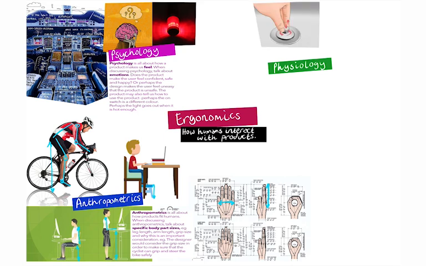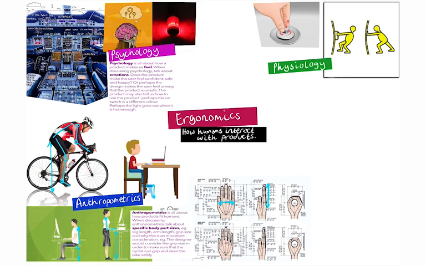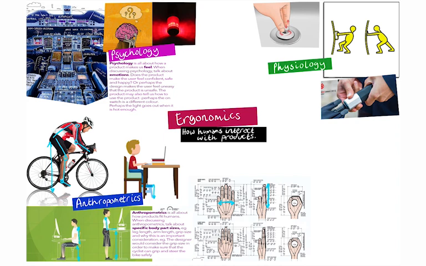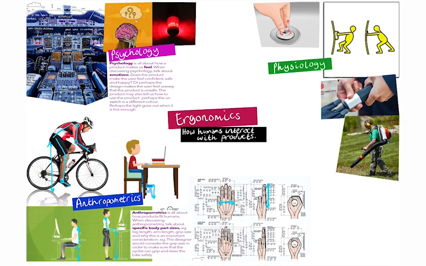When we consider it, physiology is a key part in terms of how humans interact with products, because we physically interact with every single product out there. So for example, in the case of the door, we're pushing, we're pulling. In the case of the umbrella, we're maybe twisting the handle to make the rest of the umbrella pop out. In the case of the plug hole at the top left, again, twisting and pulling.